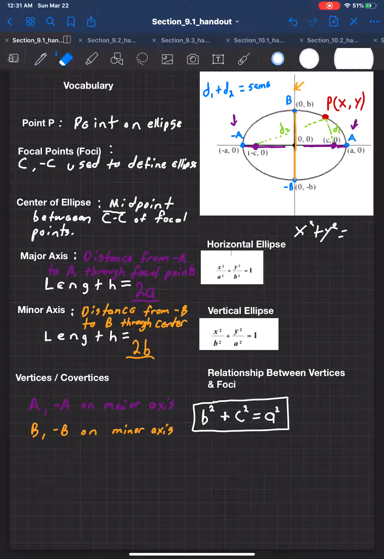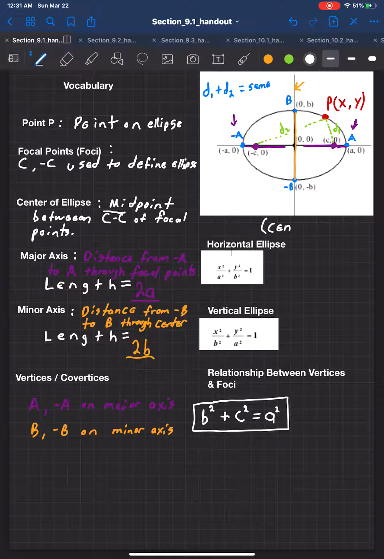Same idea, only it's much easier if it's centered at the origin. Otherwise, you'll have to deal with the h, k definition of the equation of the circle. Same thing with the ellipse. So I'll go ahead and write center (0, 0).